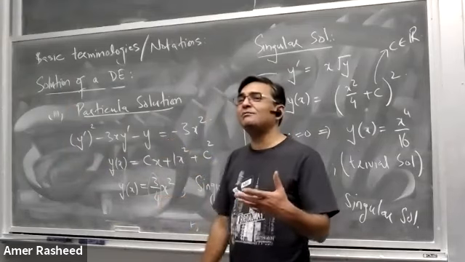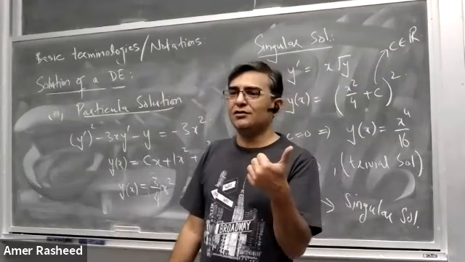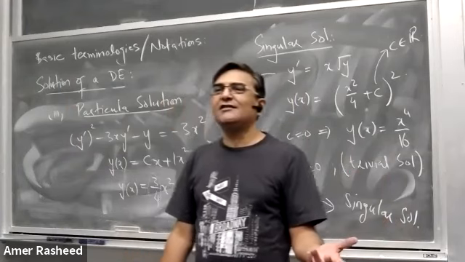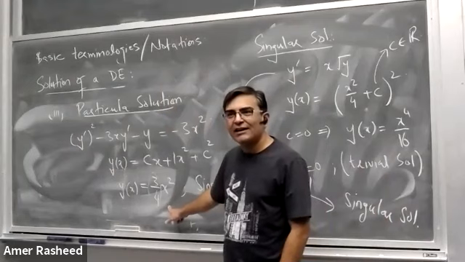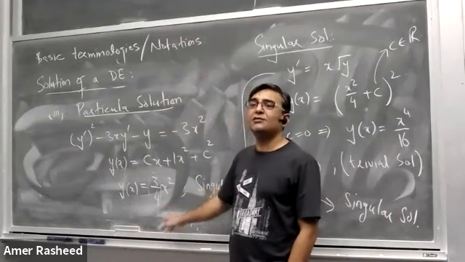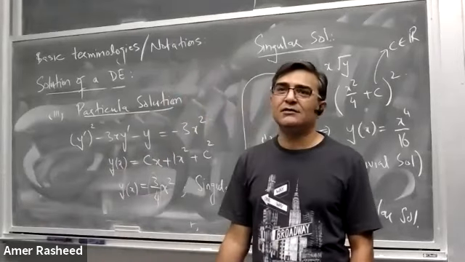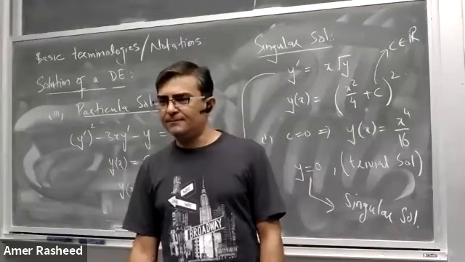It is not mandatory that there is only one singular solution. There might be other singular solutions as well. This is what we have found so far. There might be other solutions which are singular solutions as well. So a differential equation can have infinitely many solutions.